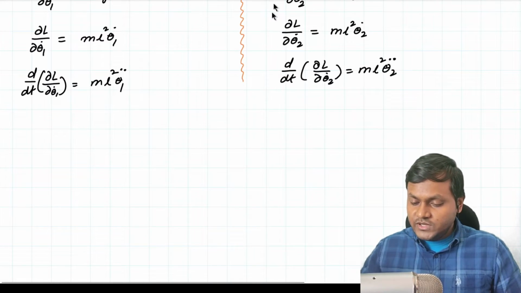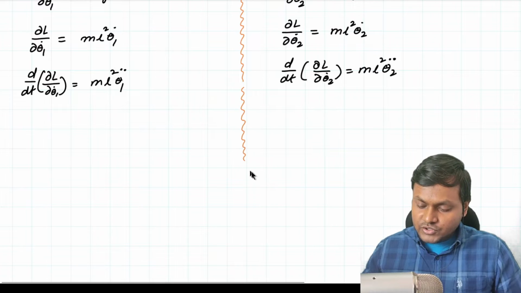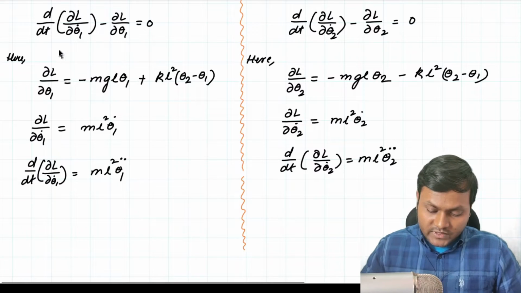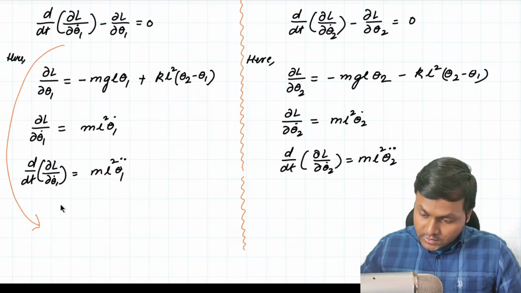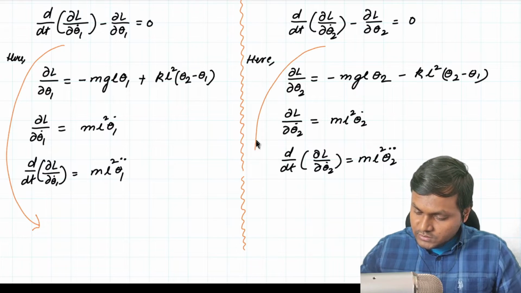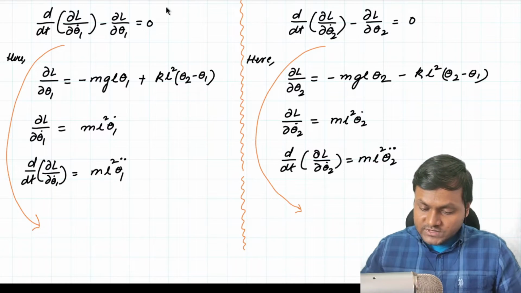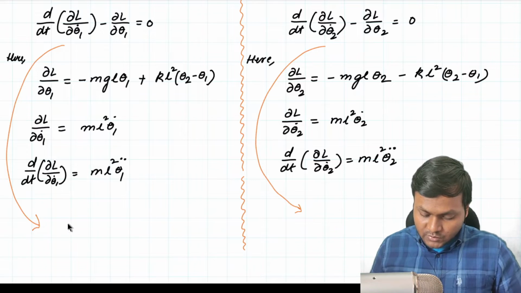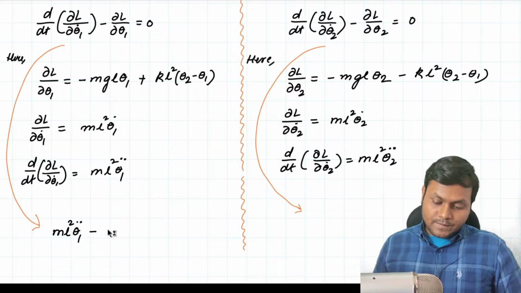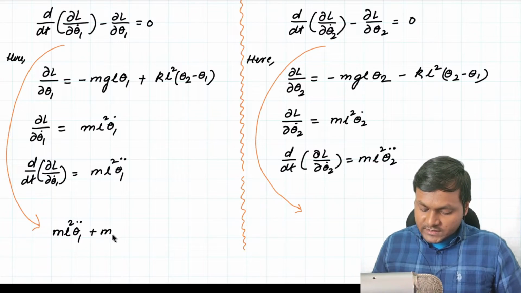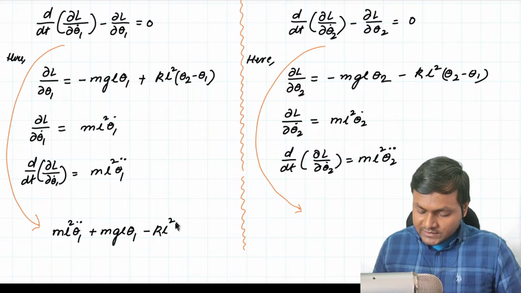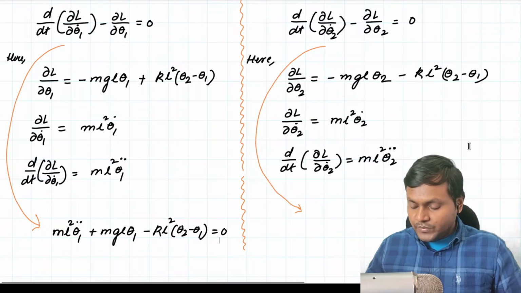So from here you can obtain the equations of motion. Let me plug all of this into this equation and into this equation, and then we will see what expressions we get. The first equation becomes mL² θ1 double dot, minus minus becomes plus, mgl θ1 minus kL² (θ2 minus θ1) is equal to 0.